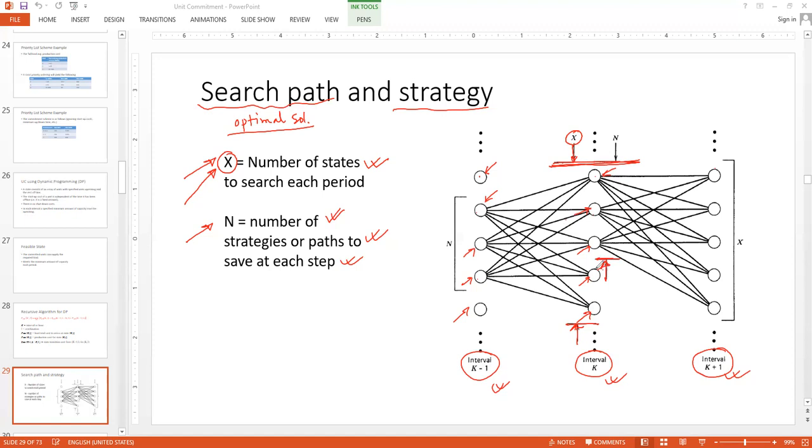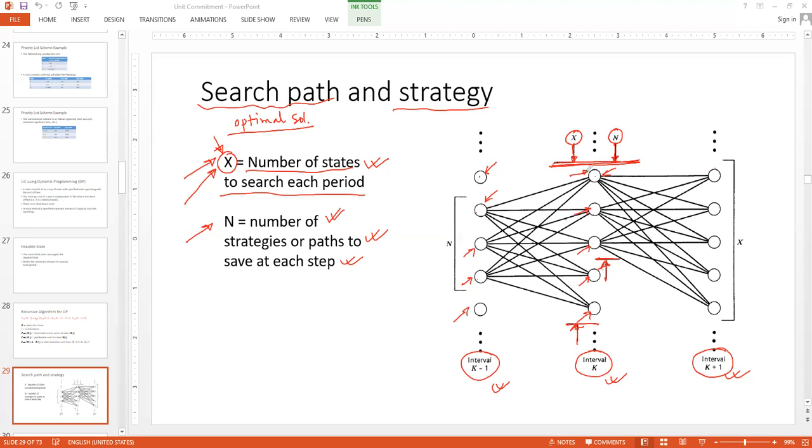If we store all the states which are in X, then of course it will take up some of the memory. Okay, so there's a memory issue. If I store a very small number of states, instead of 3, let's say I store only 1, because we are talking about saving the memory storage, then of course I can save the memory at each interval.